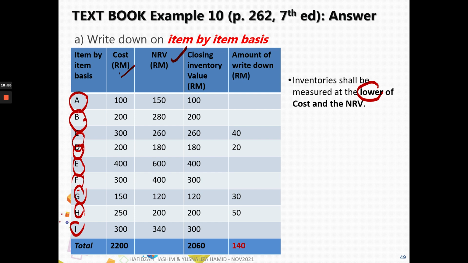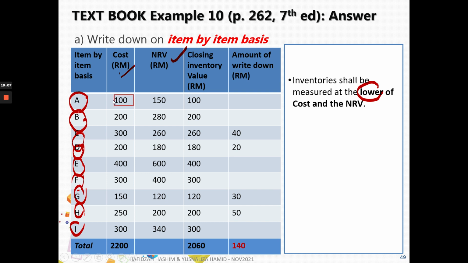So A, B, C, D, E, F, G, H, I might be in different groups, but you are now comparing item by item. For the first one, the cost is lower than NRV, so the closing inventory is at cost. For the second one, again the cost is lower than the NRV, so the closing inventory will be measured at cost as well. No write down is needed.